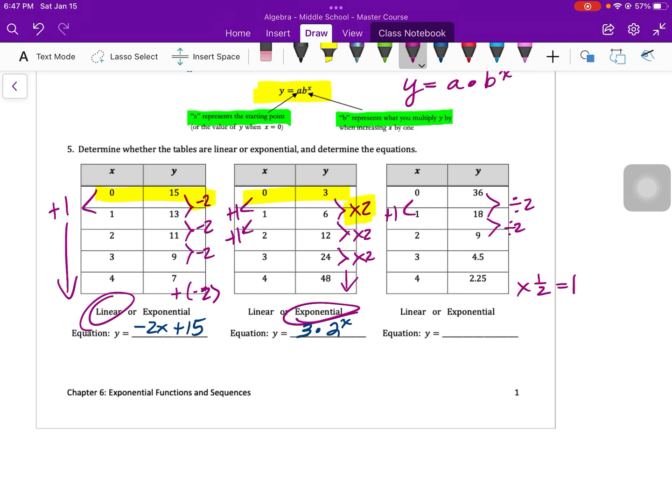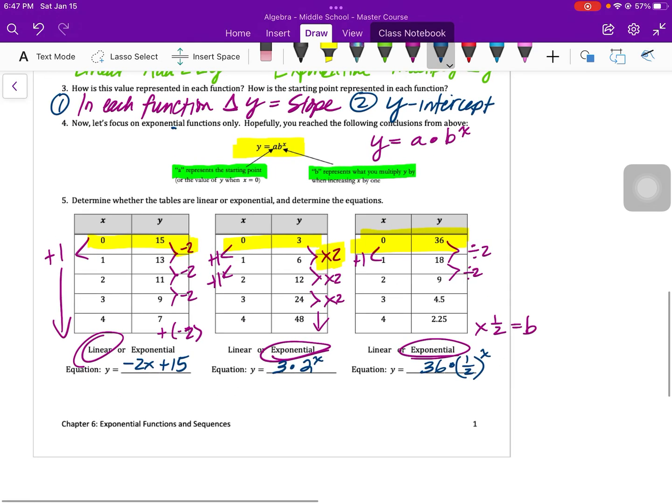So 1/2 is equal to the value of b, and the starting point of this function is 36, the value at which x is 0. So this is an exponential function. And so when we write this again, our value of a is 36. So it's y equals 36 times 1/2 in parentheses to the x.